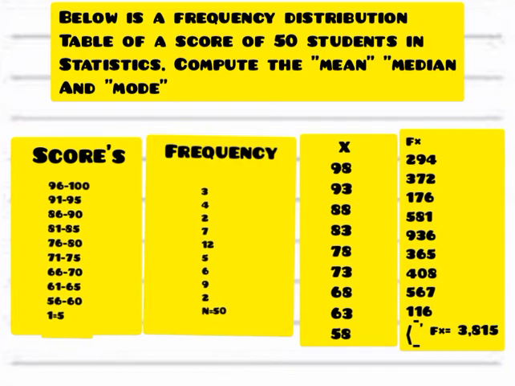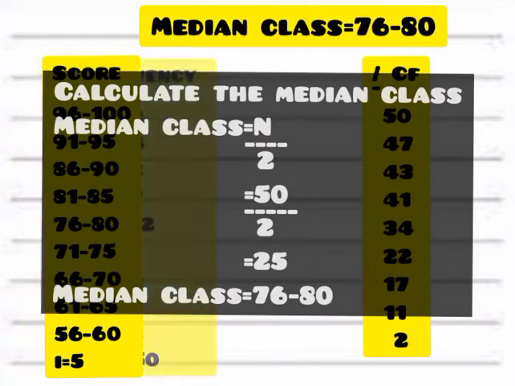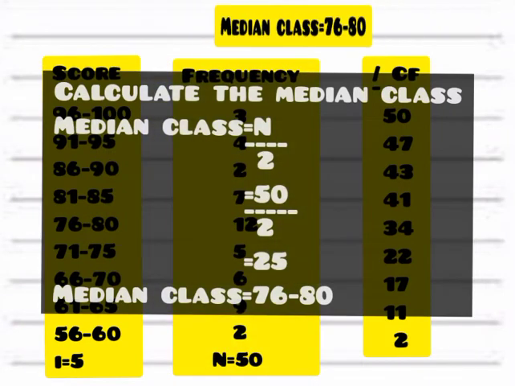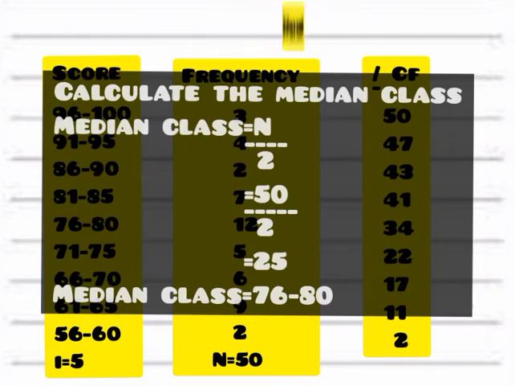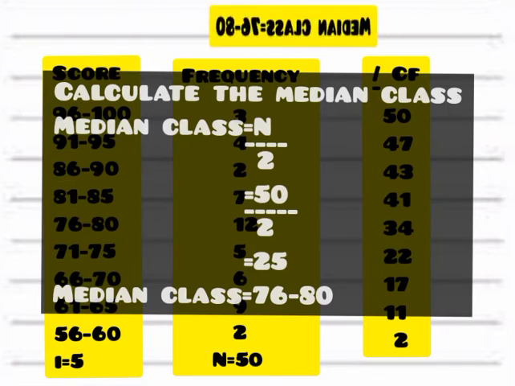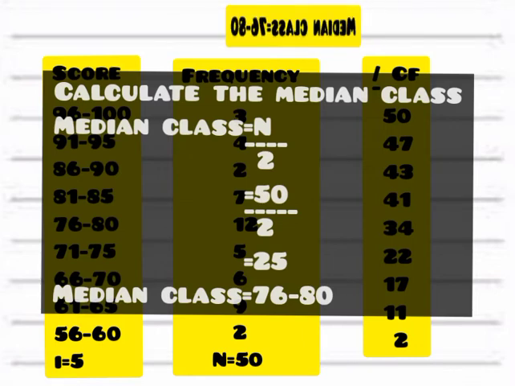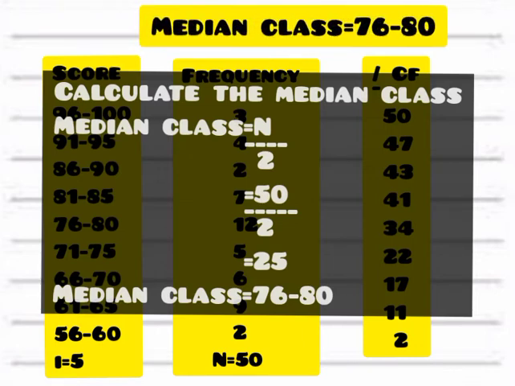Then next is to calculate the median class. n divided by 2, our n is 50, divided by 2, so our median is located at the 25th score. The 25th score serves as the median. So where is the 25th located?